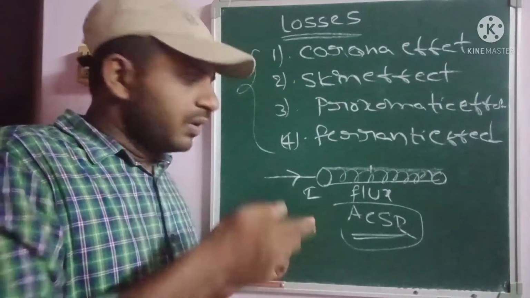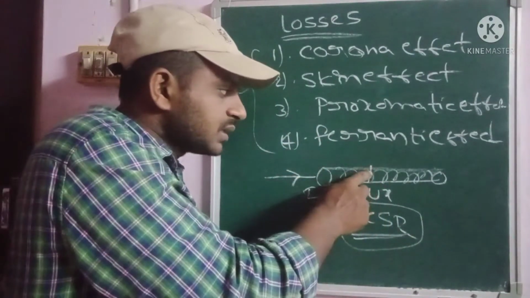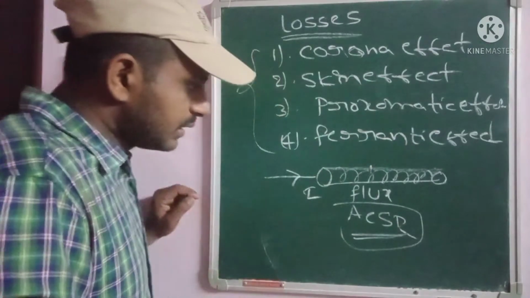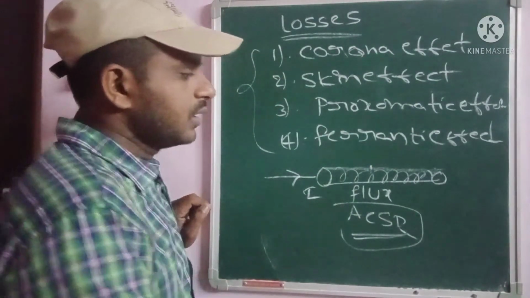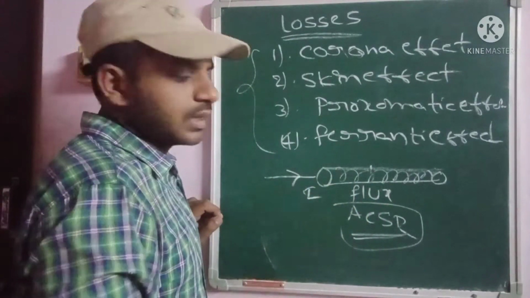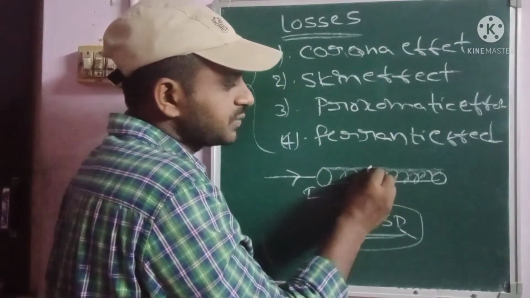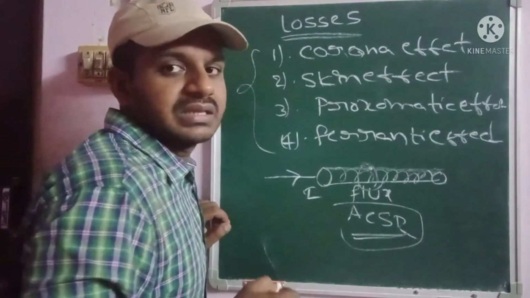At that instant, whenever current flows into the conductor, the flux will be produced, and the flux totally occupies the surroundings of the conductor.